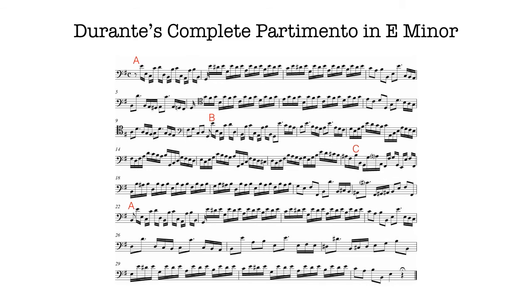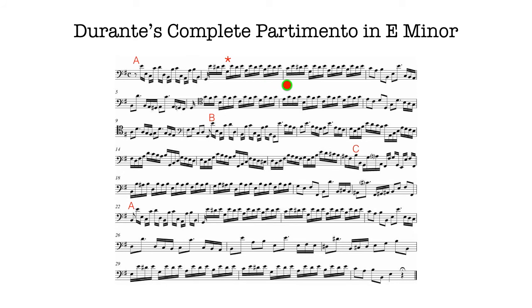Now, in addition to the styles indicated by Durante, there are cadences, complicated cadences. So here we have the note G, which is the 3rd scale degree in E minor, then the 4th scale degree, then the 5th scale degree, and then the 6th scale degree.